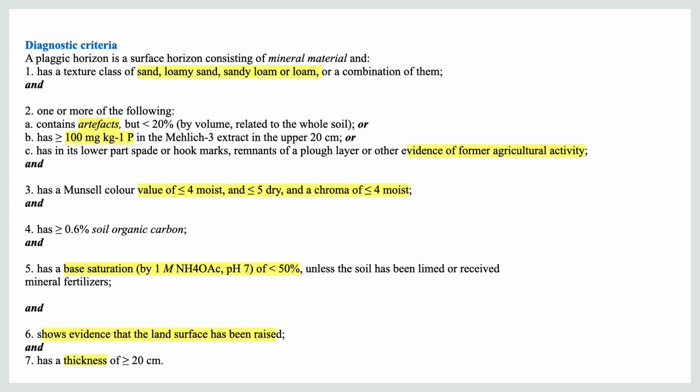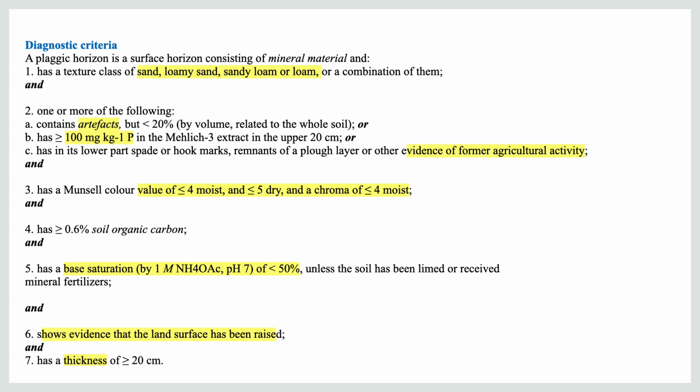The base saturation is low because people add only organic matter, and this creates a low base saturation horizon. In this case, the sum of bases divided by the CEC and multiplied by 100% should be lower than 50%.